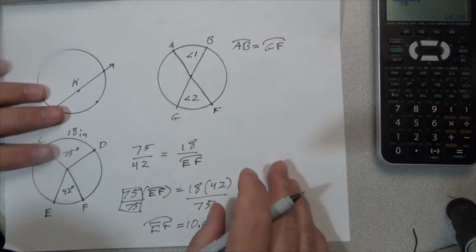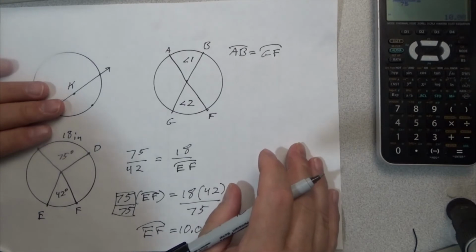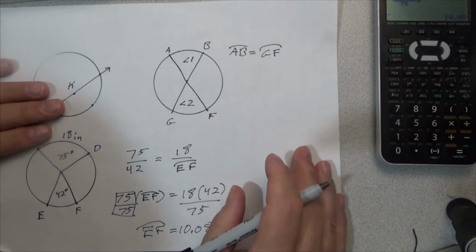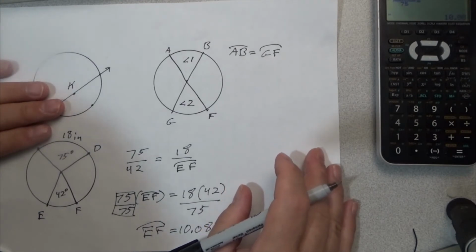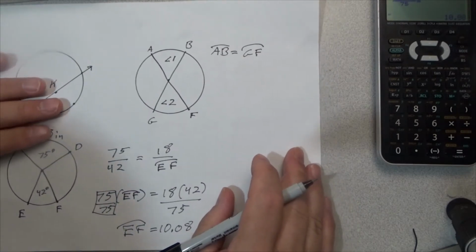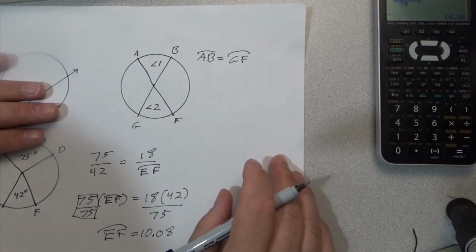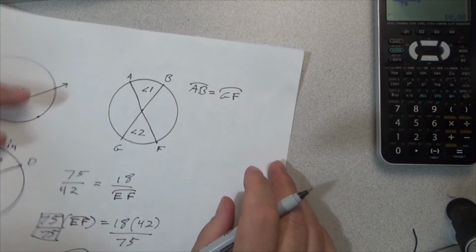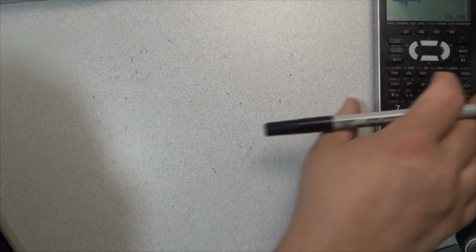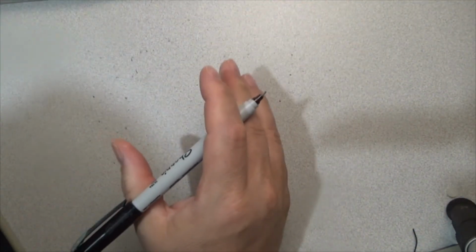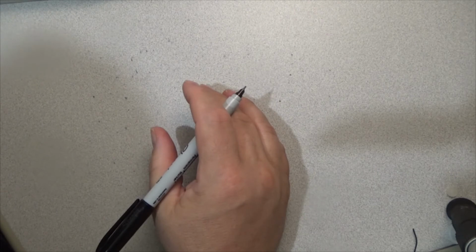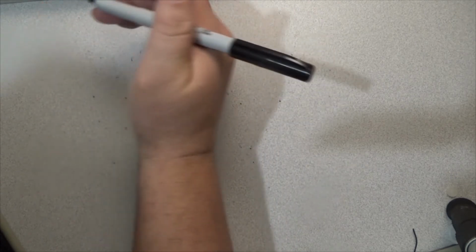Now, the next postulate says a diameter perpendicular to a chord bisects the chord and the arcs subtended by the chord, and the chord passes through the center of the circle.